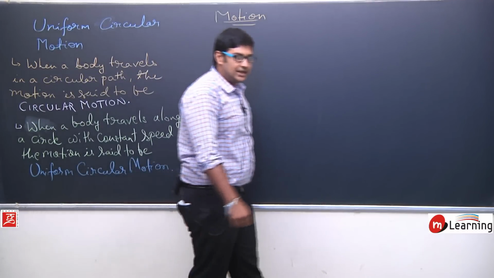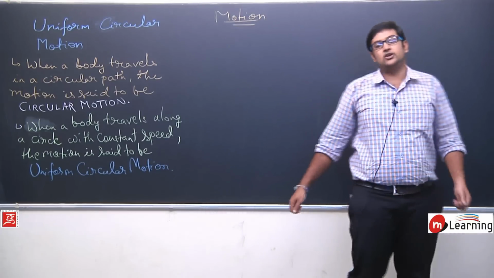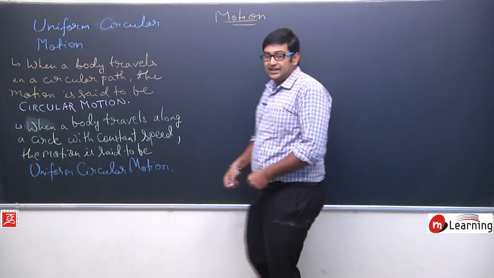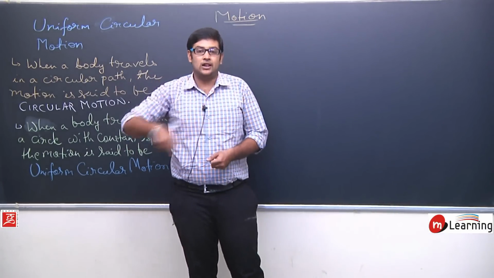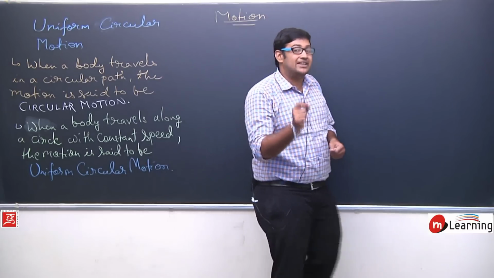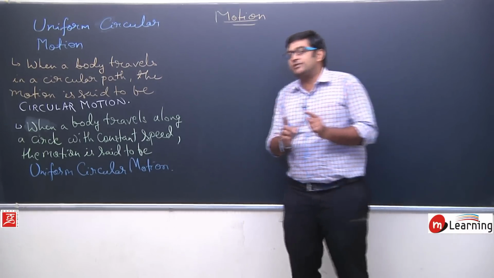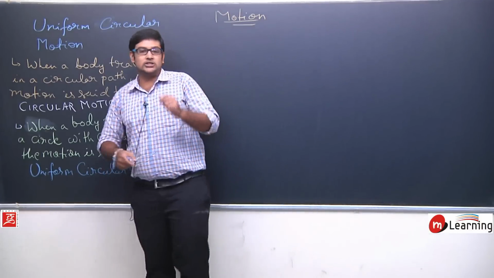The motion will be said to be uniform circular motion when an object travels along a circle with a constant speed. When its speed is constant, that motion will be known as uniform circular motion.